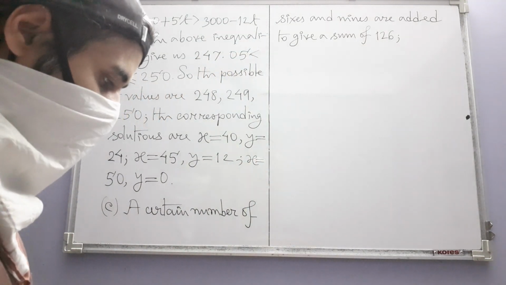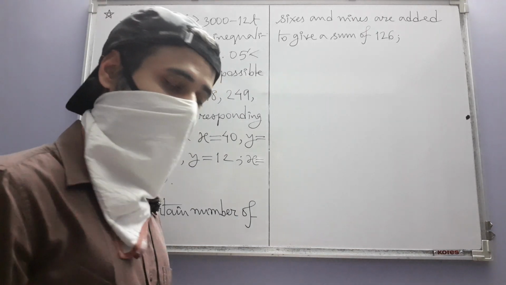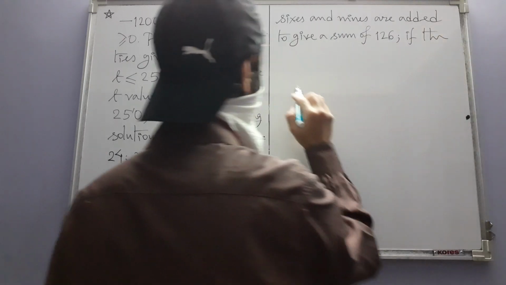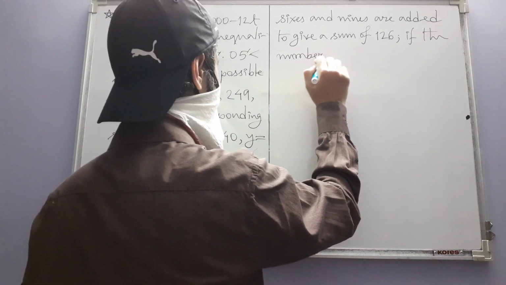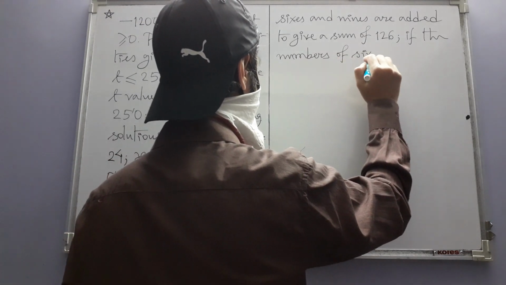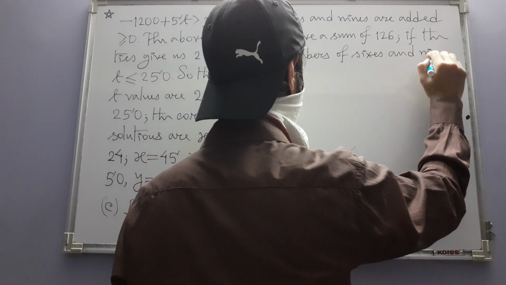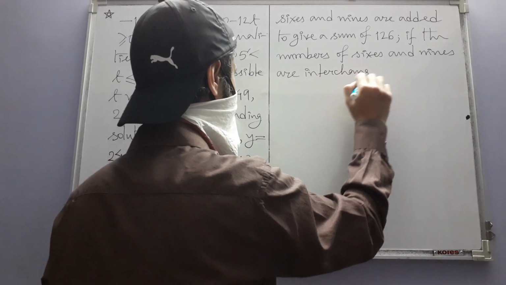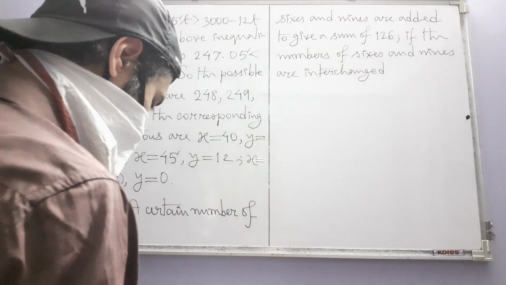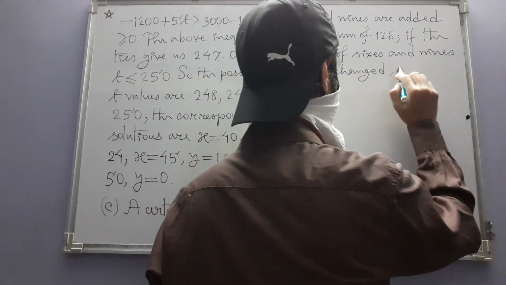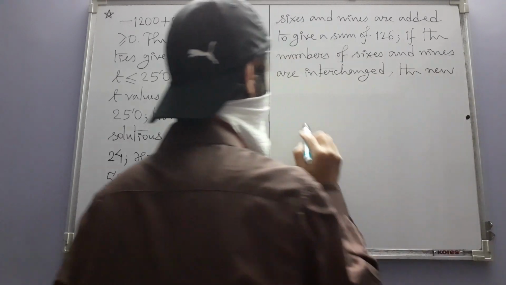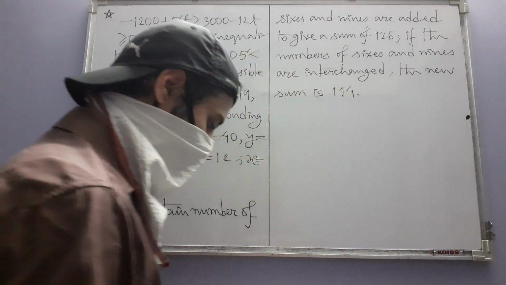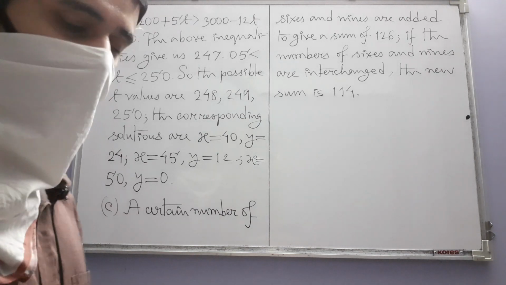Something else is also given: if the numbers of 6s and 9s are interchanged, if they are swapped, then the new sum is 114. How many of each were there originally?